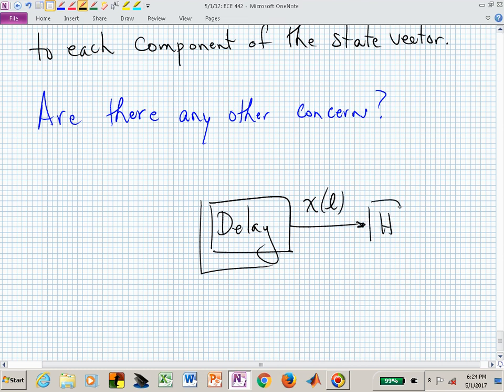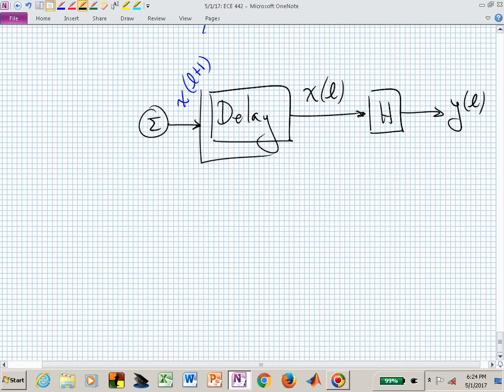That now gets combined through the output measurement matrix to give us our output Y. Creating the state one time step into the future is made possible by this open loop system matrix phi. That allows us to create X one time step into the future.